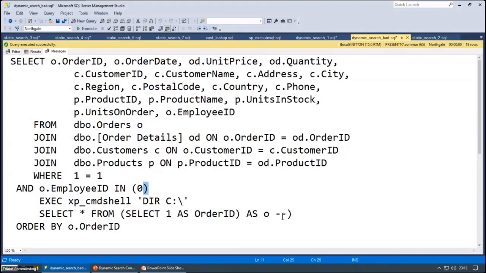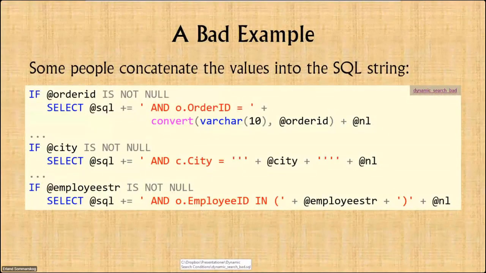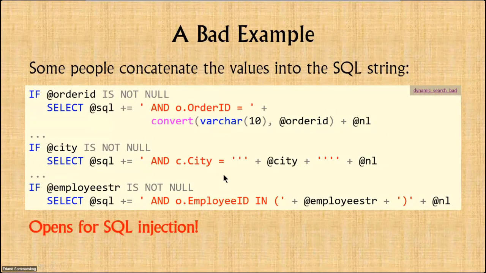Of course they will, because these guys have lots of time on their hands, and they also have quite good tools. I don't know exactly how long it would take them to find this, but probably not a very long time. This was bad for a number of reasons, but the biggest reason is that it opens for SQL injection. So don't do this.